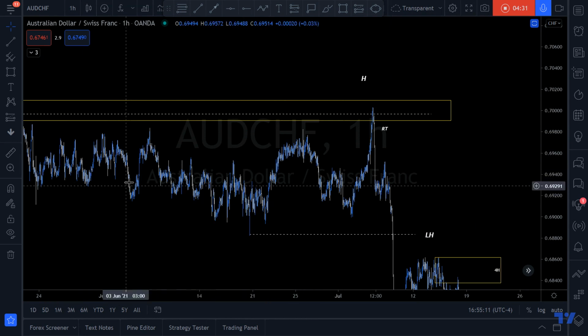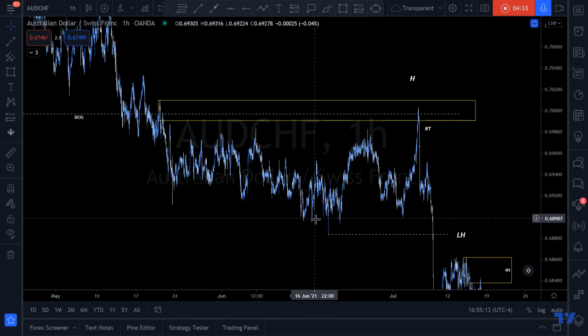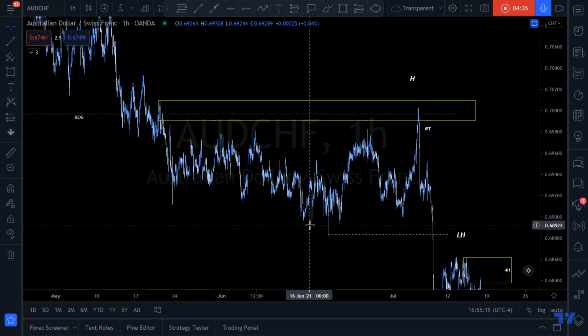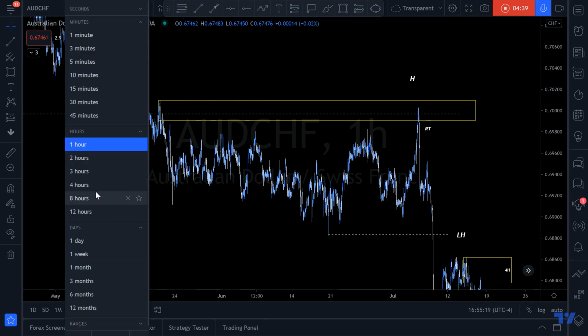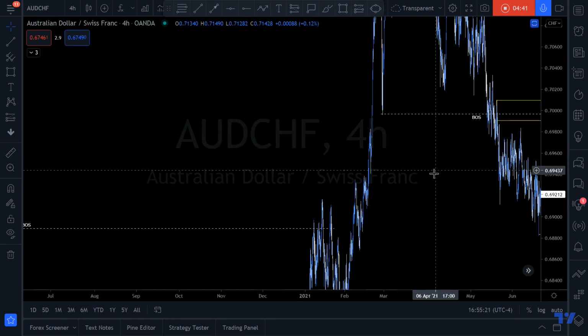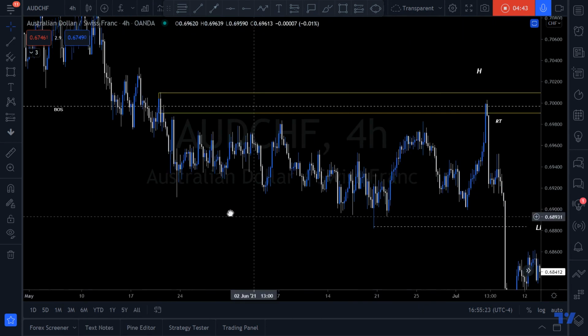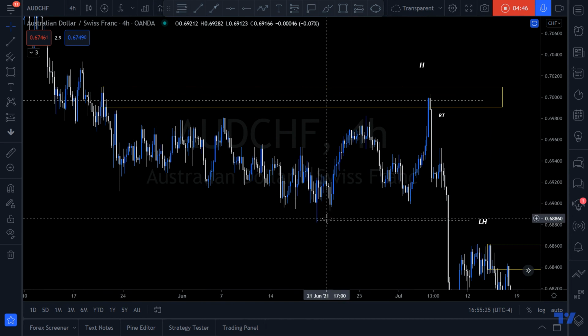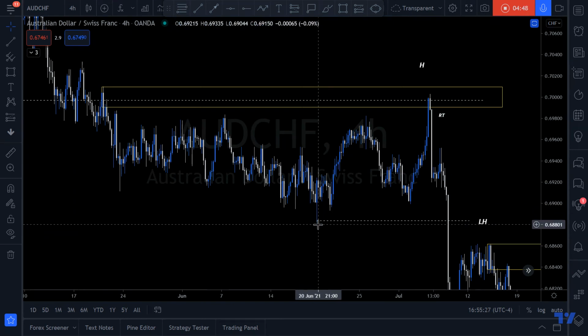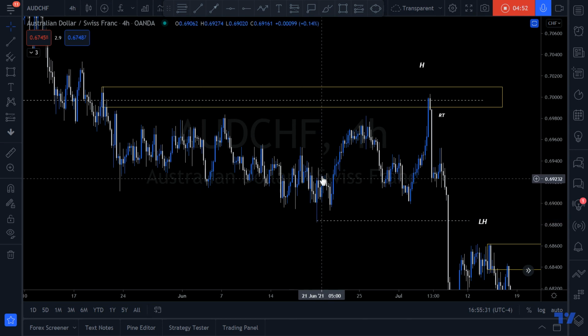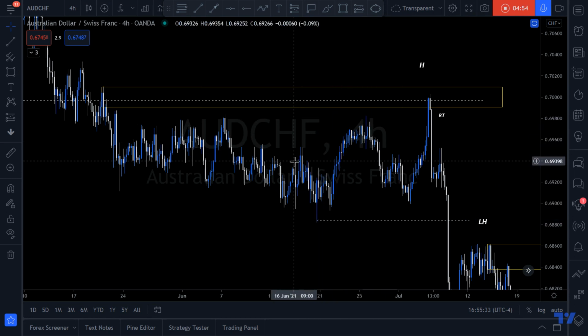Now you can see we're dribbling down, making lower lows, right? But we aren't breaking the major structural lows that we saw on the 4 hour. So we catch the low here, the lowest point. And you see that price comes back up.